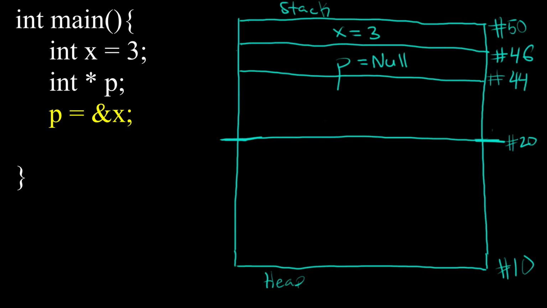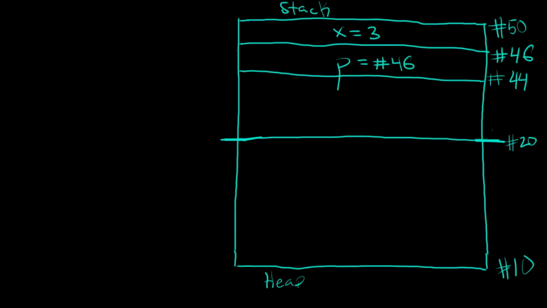Now in the program, you can see that we're setting the pointer p equal to the address of x. So what is this doing? Well, this is taking the value of p and setting it equal to the address of our x variable, which is a starting value of 46. So this is going to store the address 46. Now what we can do is use what's called the dereference operator.